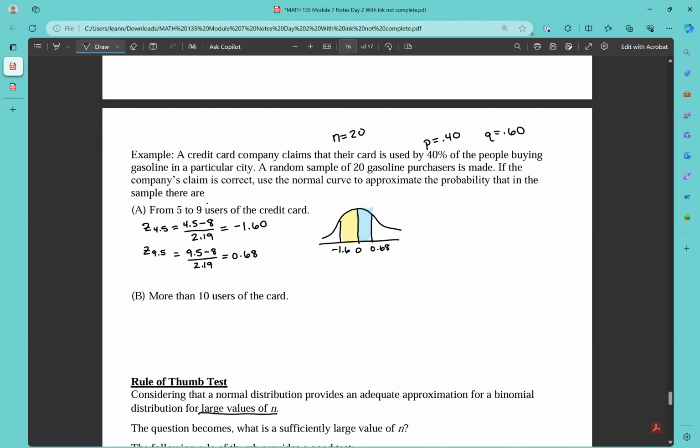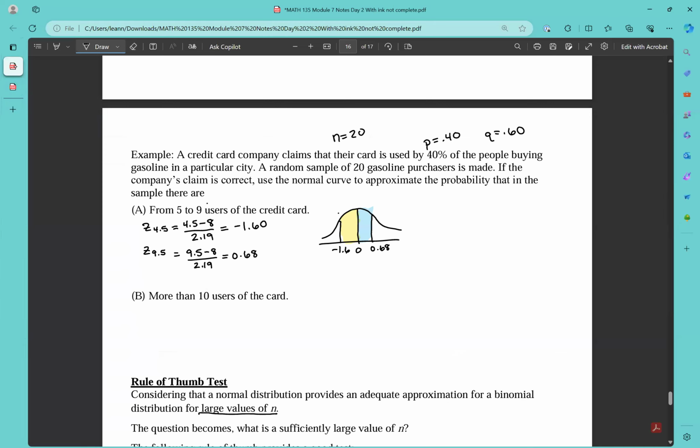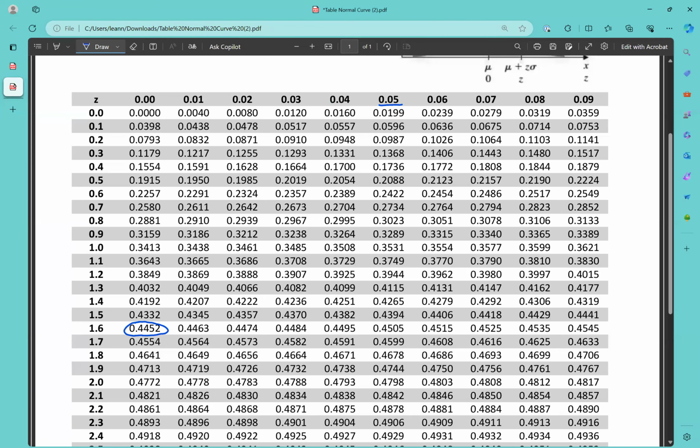So for the 1.6 one, let me delete out my other information. 1.60 is just going to be the first number in this column, so 0.4452. That's this one. And then for the blue one, 0.68 is going to be 0.6, 0.08, I should say.